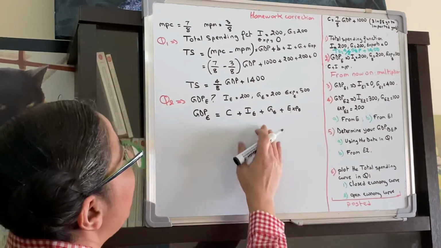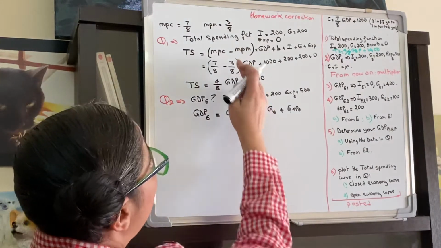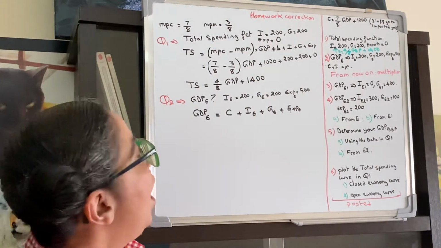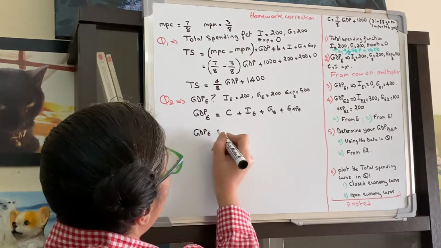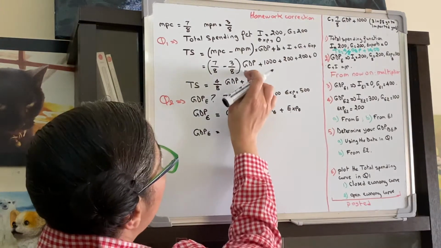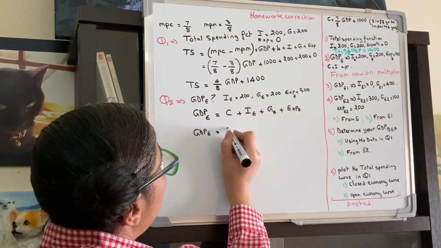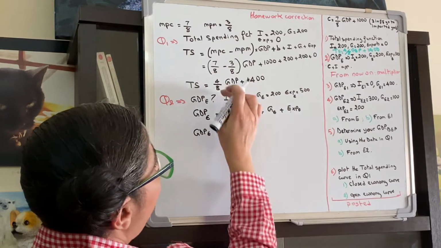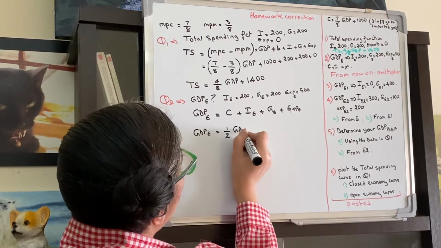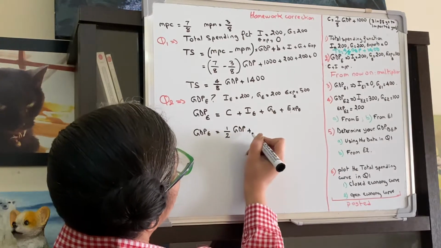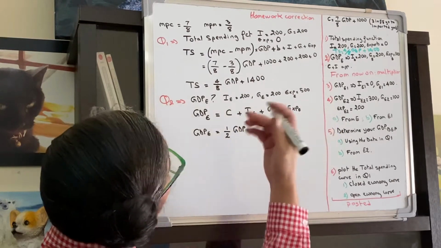And we already modified it to have the total spending. So your total spending is equal to your GDP. So GDP at E is equal to, I already know this one. So can I put 1 over 2, simplified from 4 over 8, GDP plus, well, I already know it's 1,400 plus exports, but I'm going to redo it.